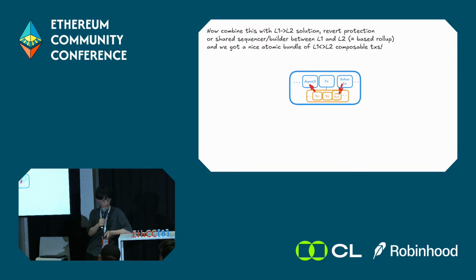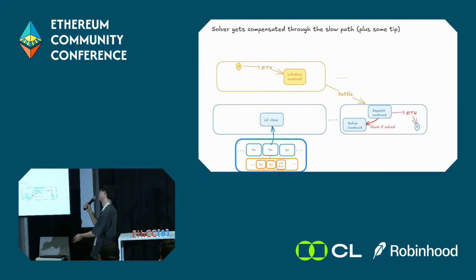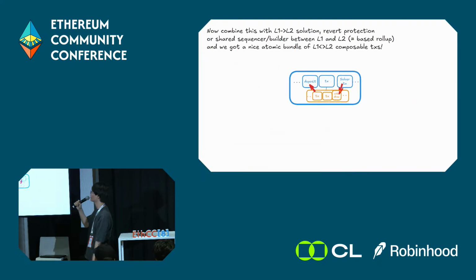Okay, so we went through the L1 to L2 and the L2 to L1. Now combine the L2 to L1 solution with the L1 to L2 solution, and revert protection, or a shared sequencer or builder between L1 and L2, which is basically a based rollup. What you get is a very nice atomic bundle between the L1 and L2 transactions.